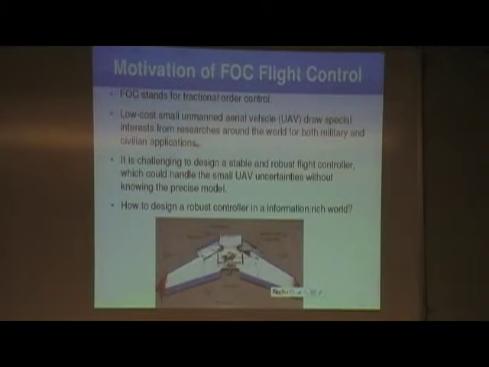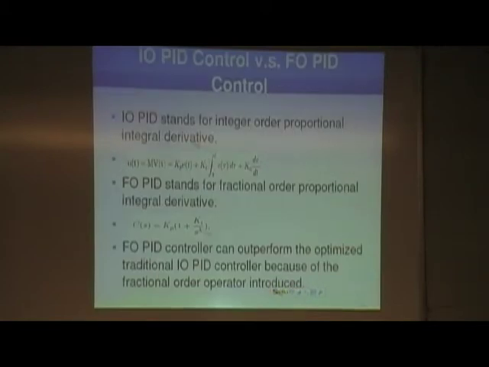The most frequently used controller is the PID controller. Actually, we just use the first derivative and the simple integral. That's integer order PID, a pretty classical method. One reference says that in the chemical industry, more than 90% of the controllers still use PID. But we can obviously see that because this controller just uses the first derivative, all the other data are lost.